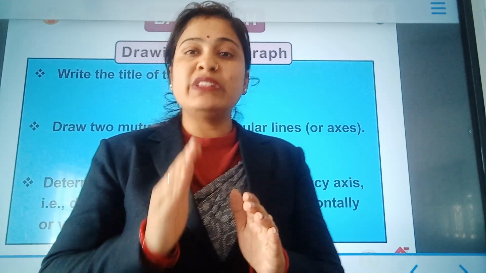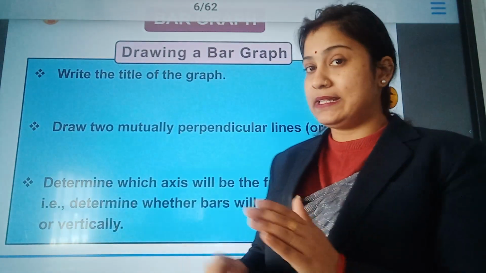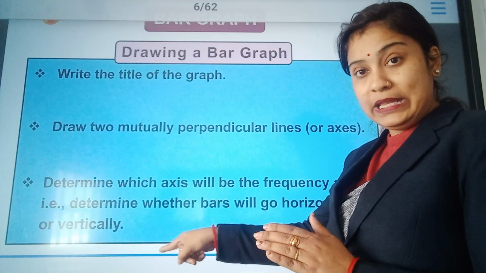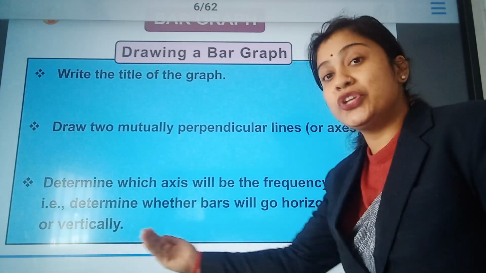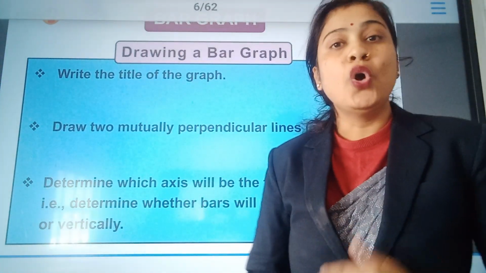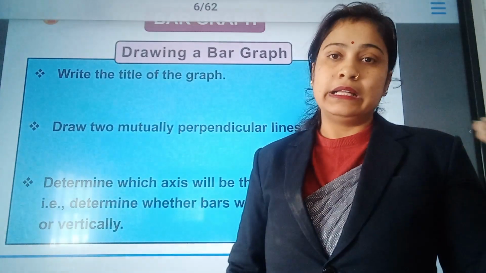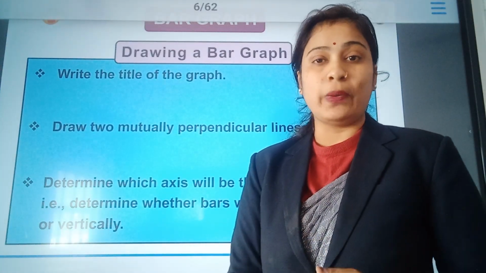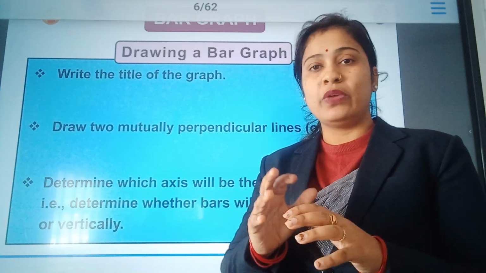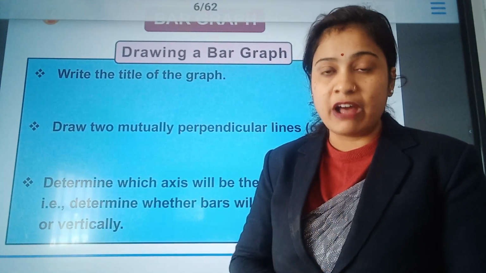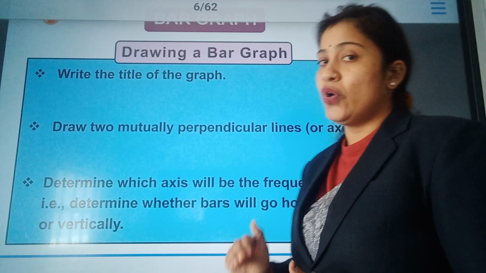If the frequency is taken along the y-axis, the bars will be vertical. If the frequency is taken along the horizontal axis, the bars will be horizontal. So depending upon the axis on which we take the frequency, we categorize the bar graph as a vertical bar graph or a horizontal bar graph.